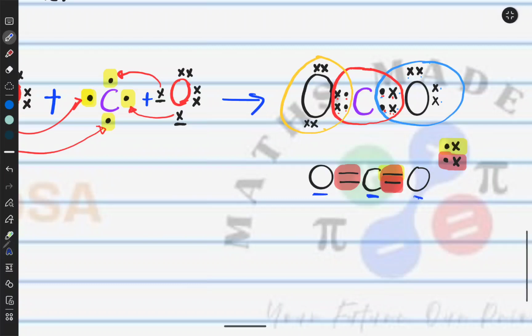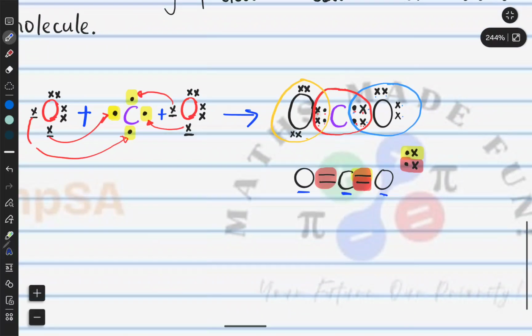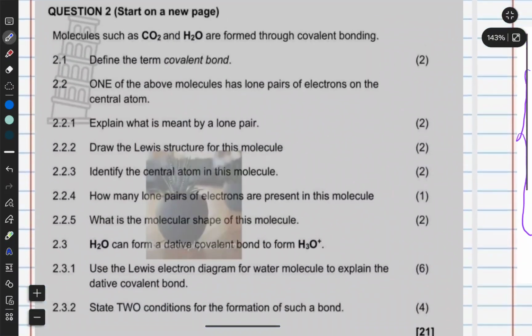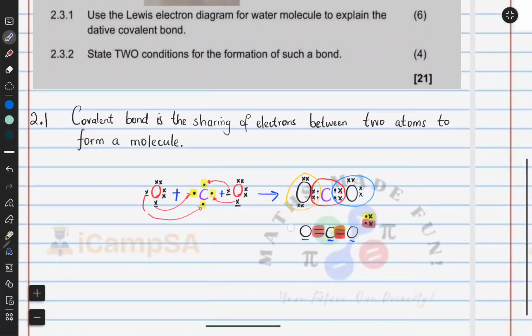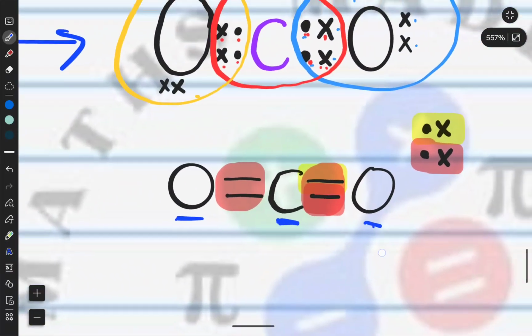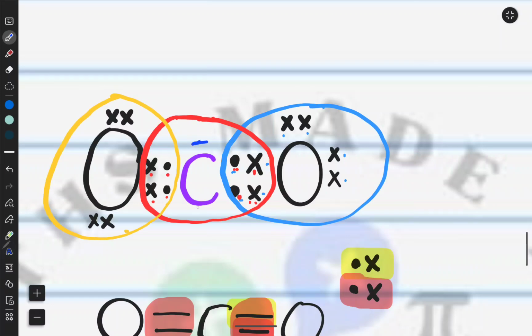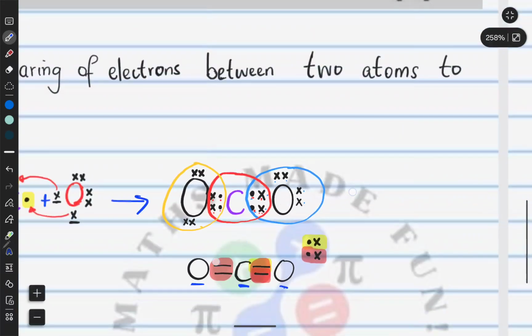And these two oxygen atoms are bonding to carbon, right? So we are being told that that central atom has lone pairs. So from what we just did here, after bonding, carbon doesn't have any lone pairs remaining. It's just empty here. So it means water has to be the one that has a lone pair, right?